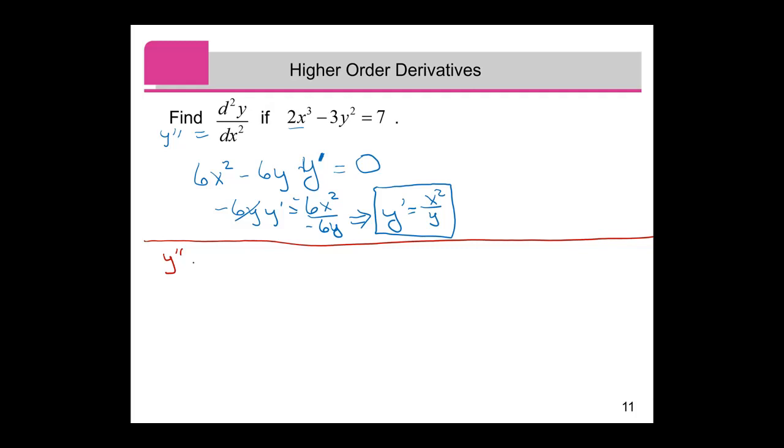Yep. Okay. And now I have a quotient rule. So I guess I should probably do the work here. If I say f is equal to x squared, then f prime is equal to 2x. And if I say g is equal to y, then g prime is equal to y prime, right? And what kind of rule am I going to do for this one?